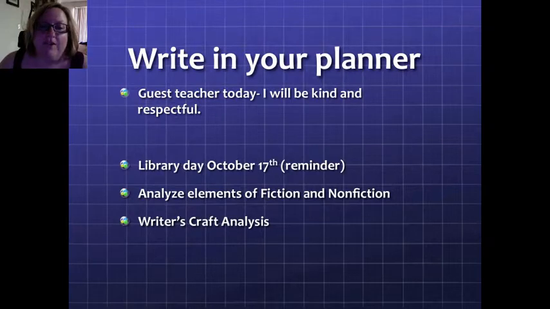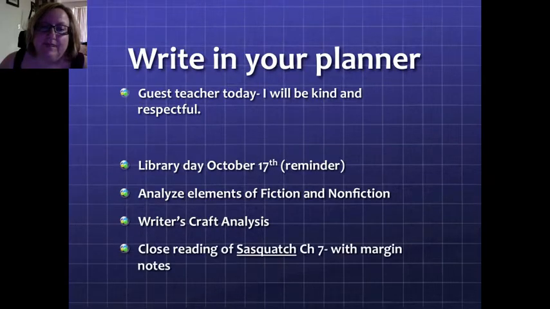And we're going to analyze writer's craft. What did they do that was effective, so that when you write, you can use some of the same strategies. And you will be doing a close reading of Sasquatch Chapter 7 with margin notes.